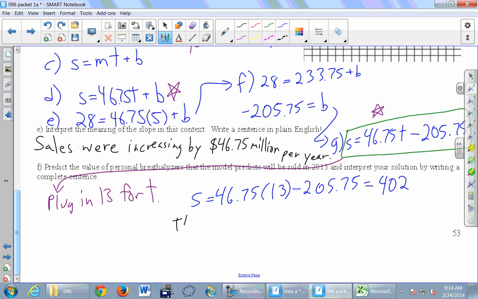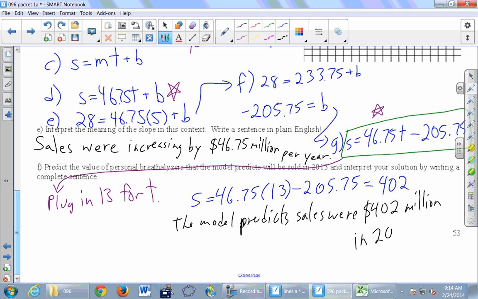The model predicts sales were $402 million. When? In 2013. Questions on that?